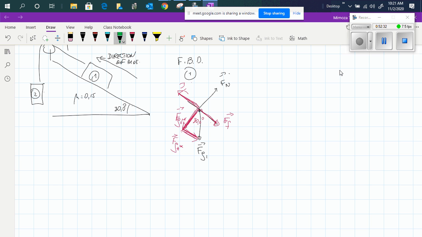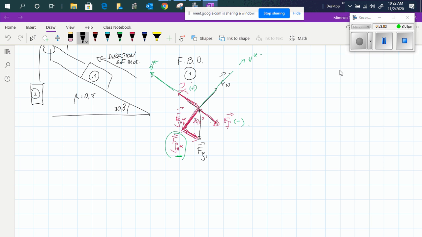Now, the axes are, again, along the direction of the motion and perpendicular to it. This will be the new axis. So the horizontal component of force of gravity will be negative because it is in the opposite direction. Tension will be positive. Force of friction will be negative. The vertical again is negative.